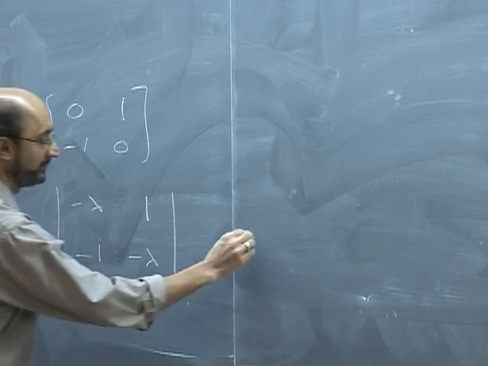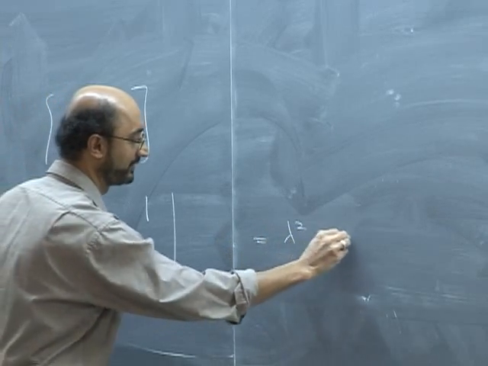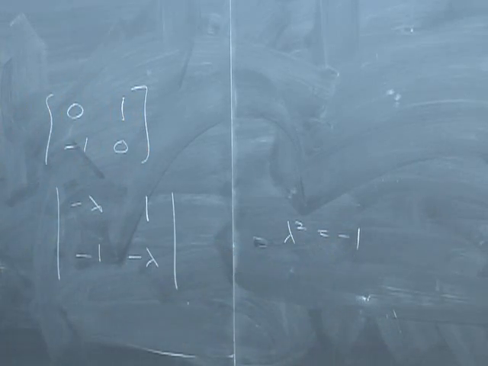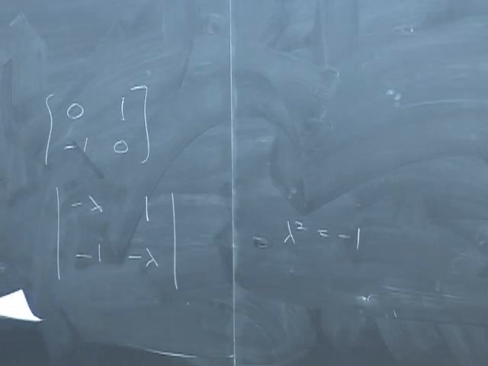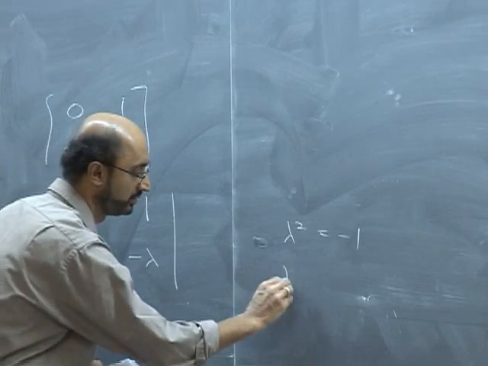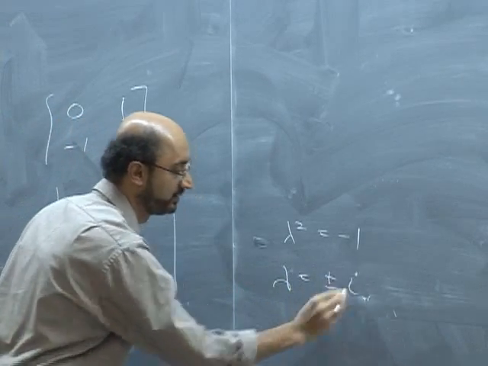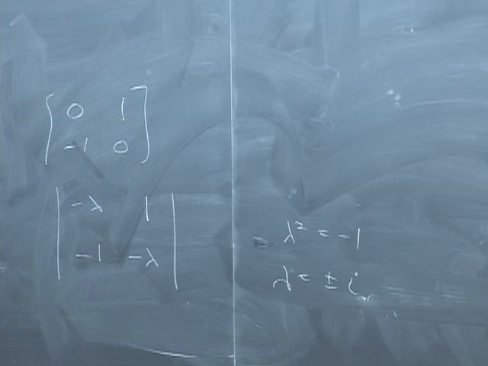This basically says lambda squared equals minus 1 is the characteristic equation, because you get lambda squared plus 1 equals 0. And so lambda equals plus or minus i. So it's just a complex i.